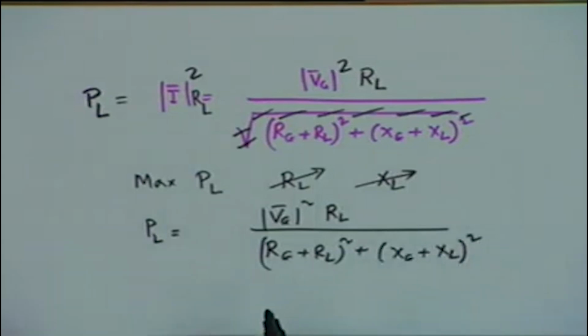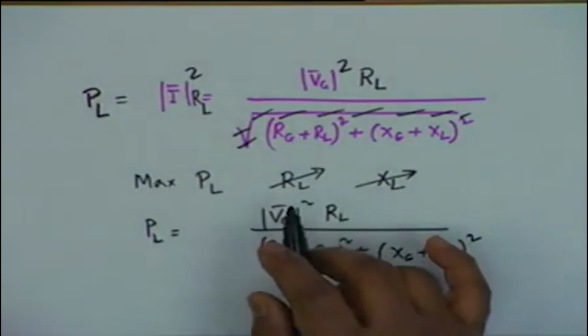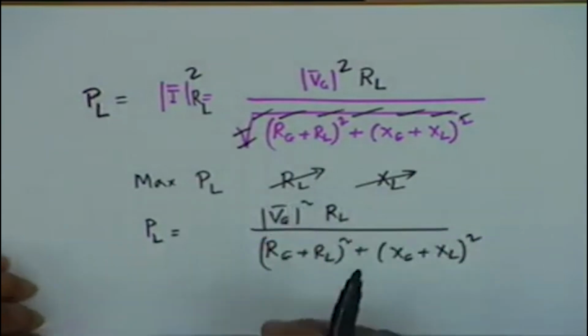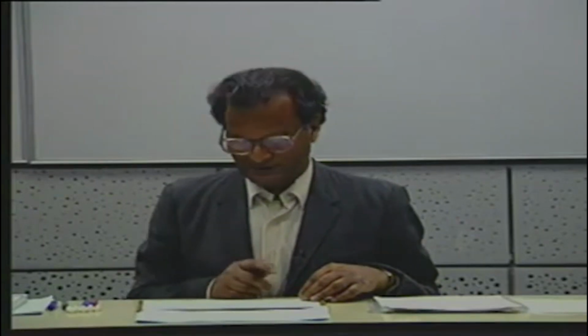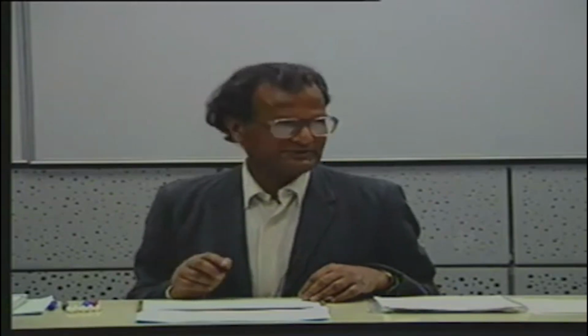Since there are two variables, the resistive and reactive parts of the load, PL is a function of two variables, and any maximization would require partial differentiation.